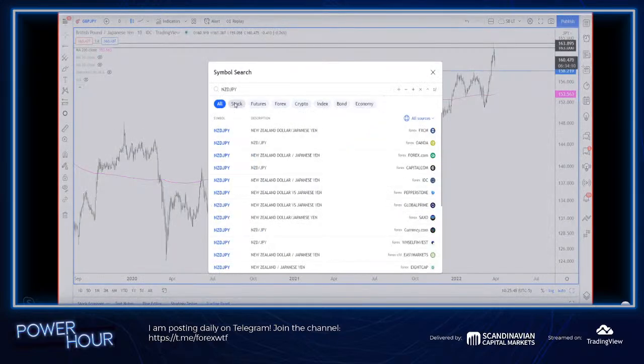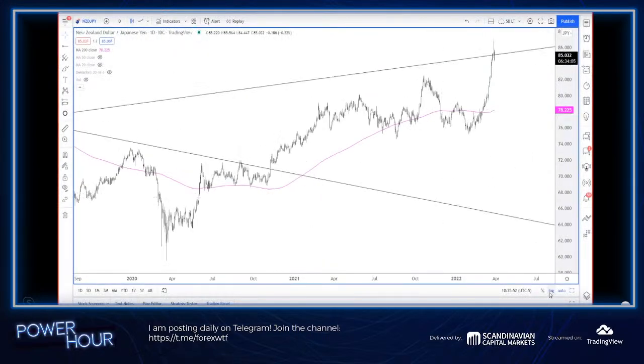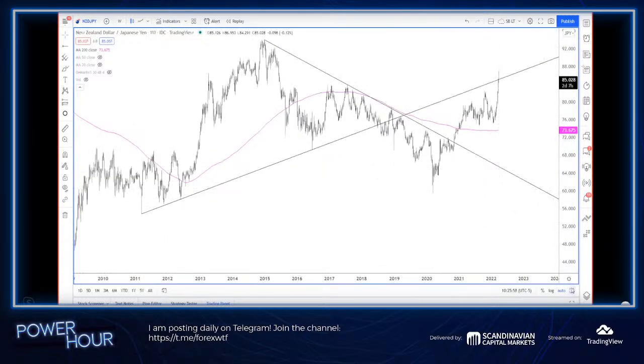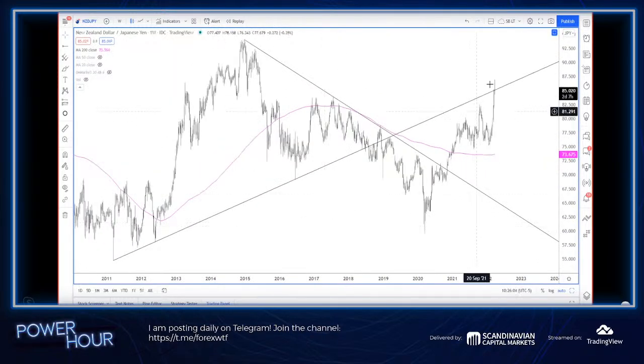Kiwi Yen. This is the chart we looked at last week, right? I think I put something on Twitter like, this would be something to fade, but I'm not that dumb yet. Maybe it's time to be dumb now.